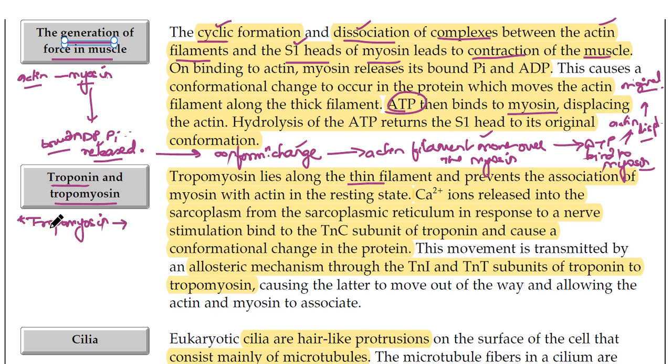In what condition will it prevent? In the resting stage. In the resting stage, tropomyosin prevents the association of actin and myosin.